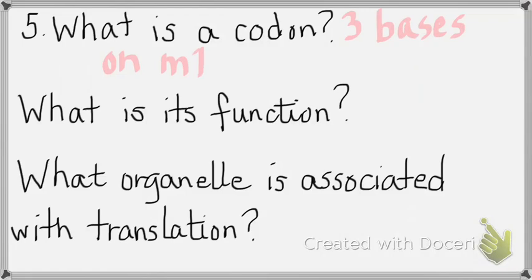And you always have codons on a molecule that's called mRNA. Does anybody remember what a codon codes for? The parts of proteins, what are those called? Starts with an A. Amino. Code for one amino acid.